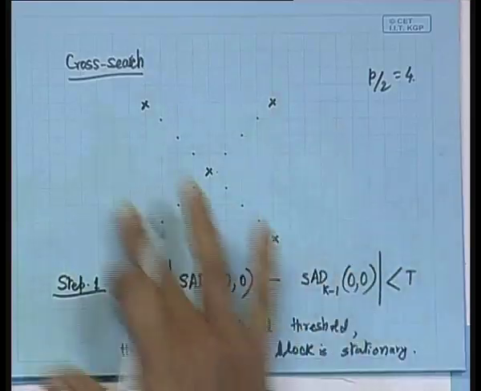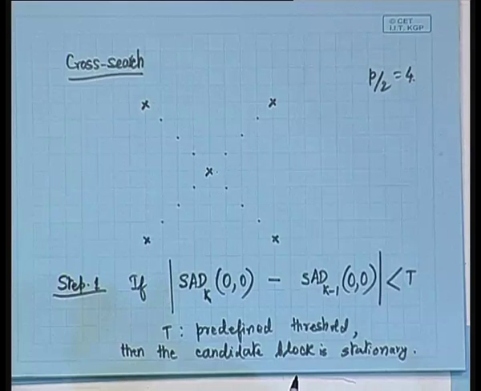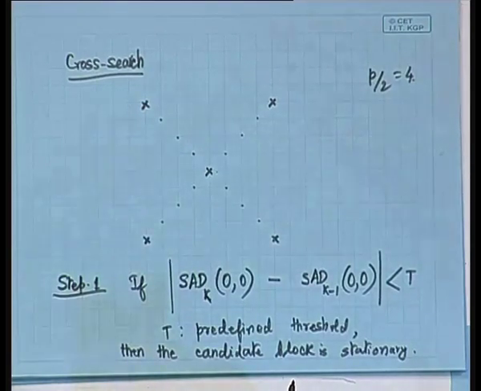And in the case of motion estimation, the approach is very similar: instead of searching at the ends of a plus, you search at the ends of a cross, and if the best position happens to be the center, then you reduce the search step size by a factor of 2.